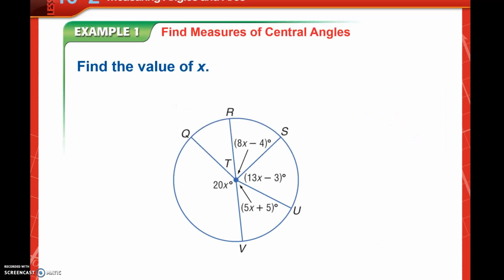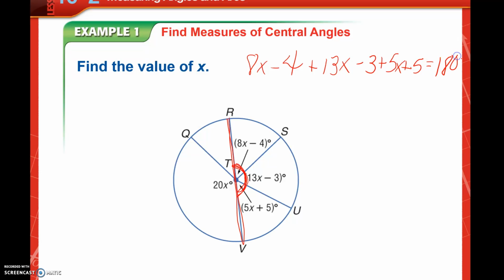So here, finding x, we've got to see we don't have all the angles around, so we can't put these all equal to 360. But if I look here, this is a diameter, so those are going to all equal 180. So I would put 8x minus 4 plus 13x minus 3 plus 5x plus 5 equals 180. And then add up my x's.